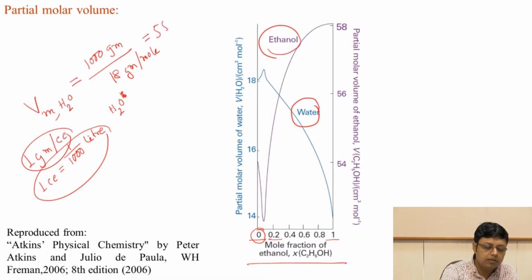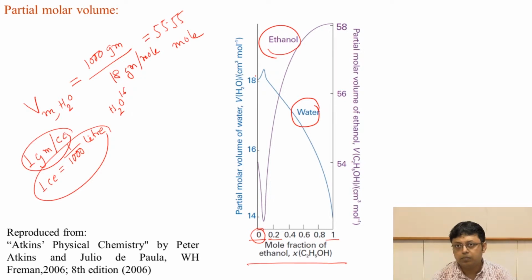So the molar volume comes out to be 55.55 moles per liter. Here the molar mass is 18 grams per mole, and that's where the curve starts.